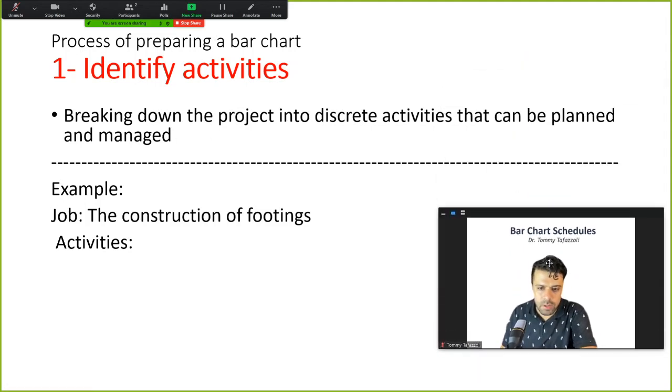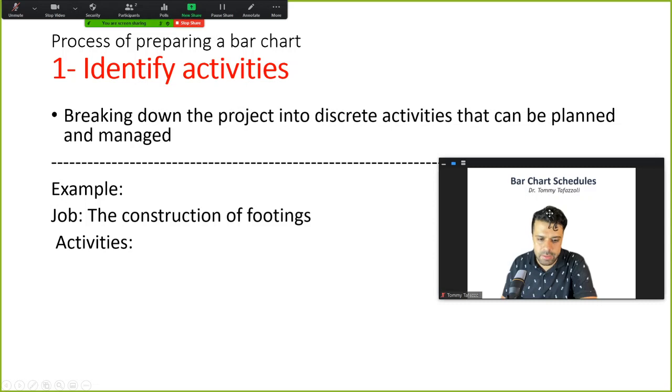Let's dig down more into these steps. So, what is identifying activities? It's breaking down the project into discrete work items that should get done so that the project could be called substantially complete. Usually activities are the result of breaking down one piece of the work breakdown structure.